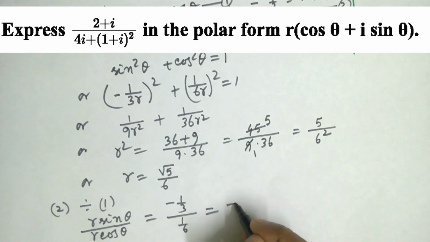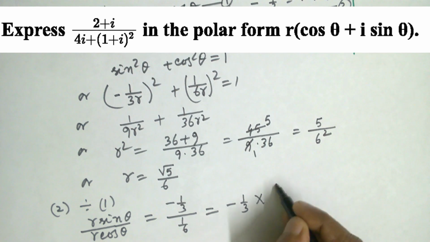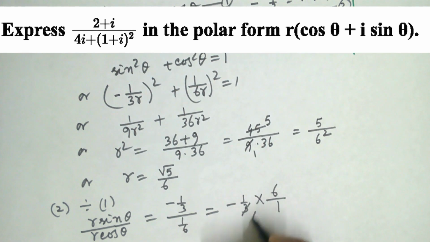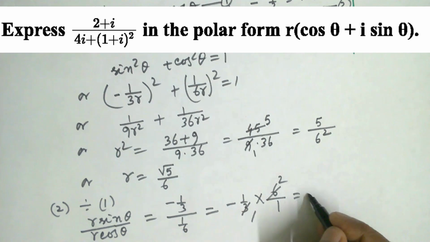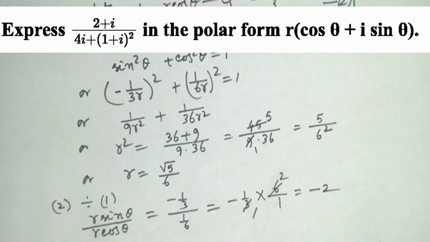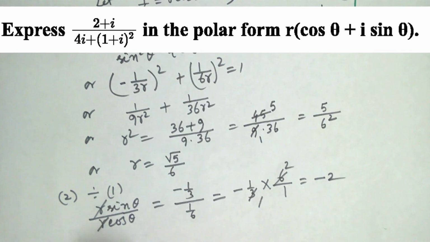Continuing this way, minus 1/3 into 6 by 1, which is minus 2. Here r and r will get cancelled, so tan θ is equal to minus 2.